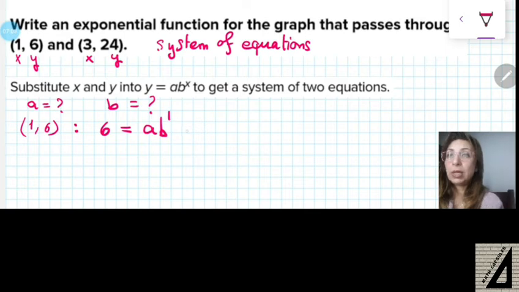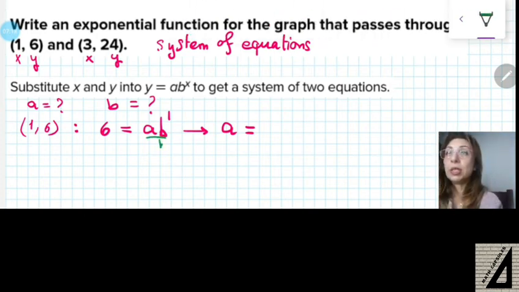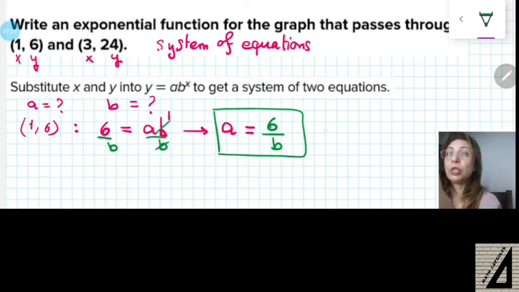And from here I can get the value of a, for example, by dividing both sides by b, to cross out the b. So a equals 6 over b. Okay, this will be the first equation for me.